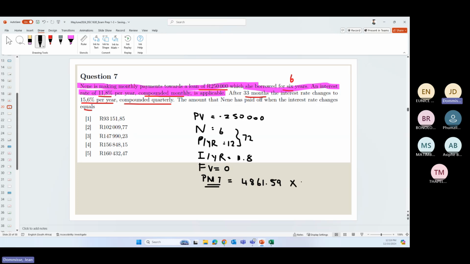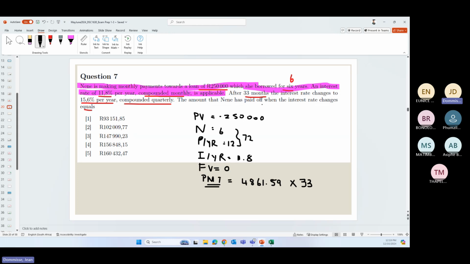So if I multiply that by 33, is it by 53 or by 52? Okay, so after 33 months, so it's not the beginning of 33 months. After 33 months, the interest rate changes.